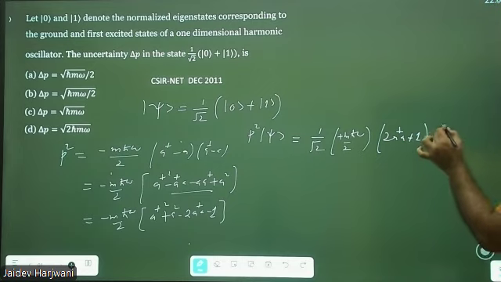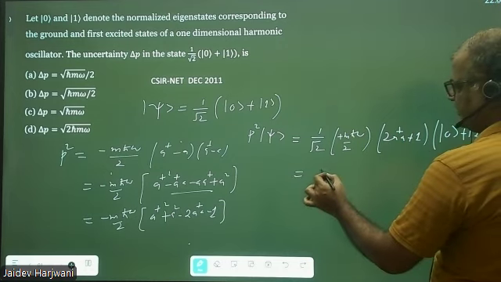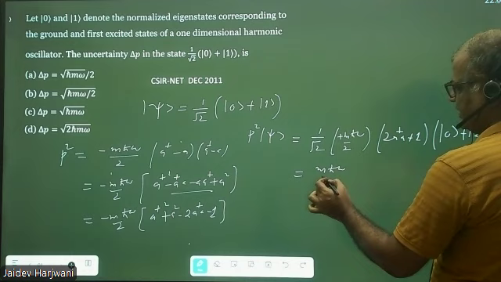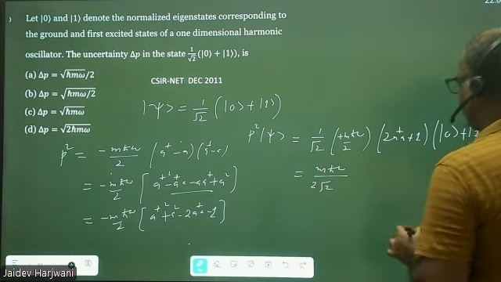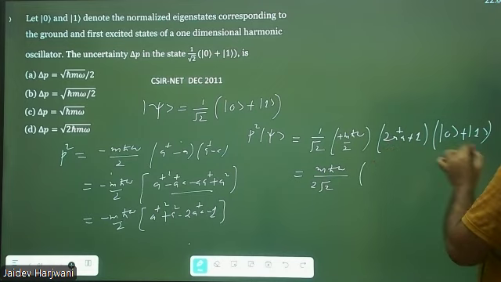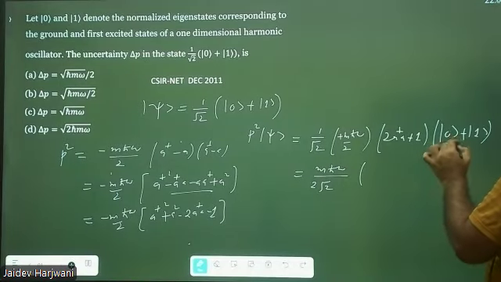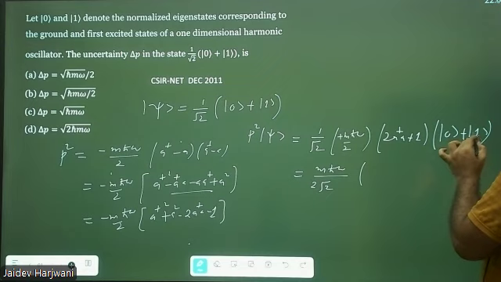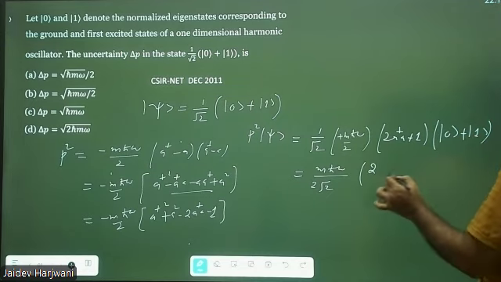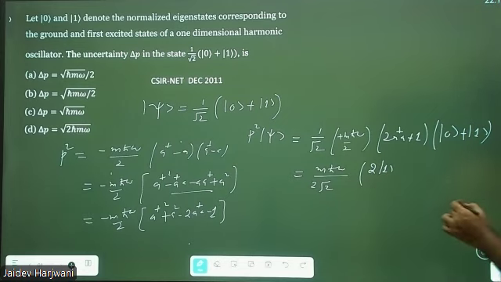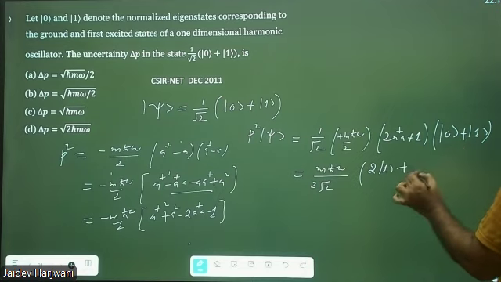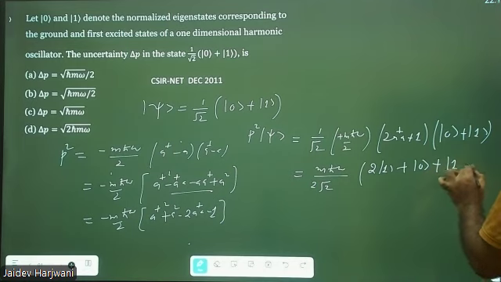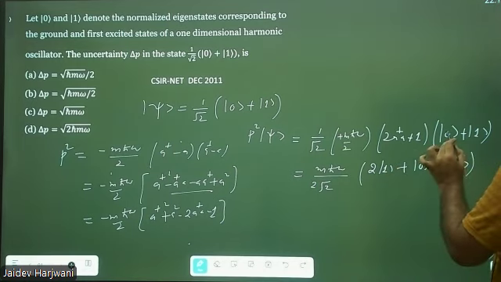Operating on psi 0 plus psi 1, a dagger a is the number operator: on 0 you get 0, and on 1 you get 1.